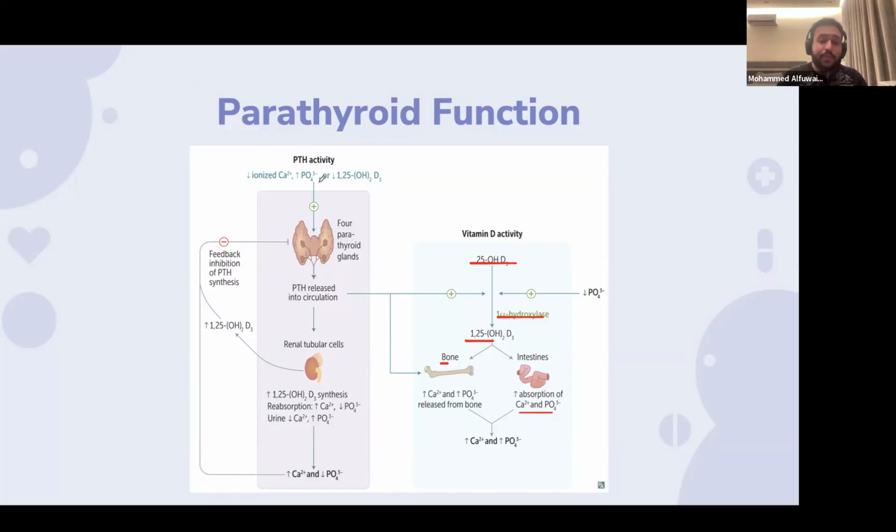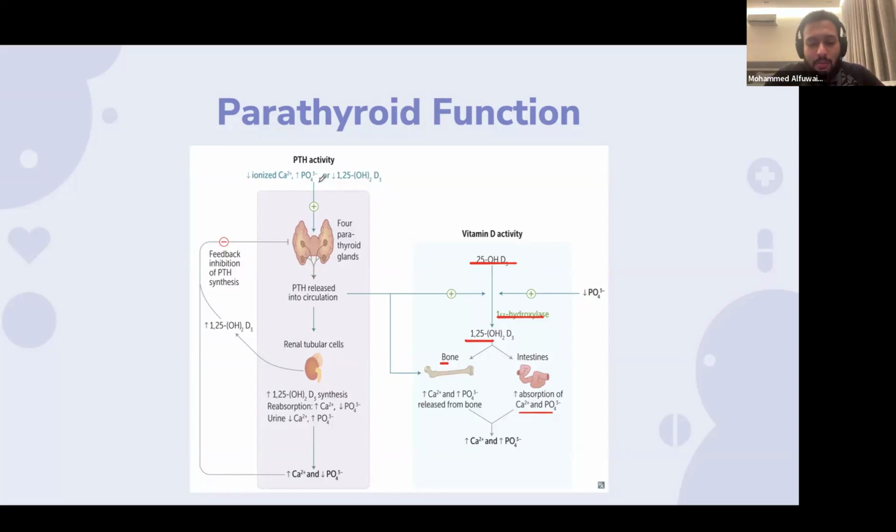How about phosphate? Because in the urine, it's secreting a lot of phosphate. So what will it be? Hypo or hyperphosphatemia? Hypo, okay? Low phosphate. In the urine, will it be high calcium or low calcium? Very important in the urine. Good. Okay. It's reabsorbing a lot of it.